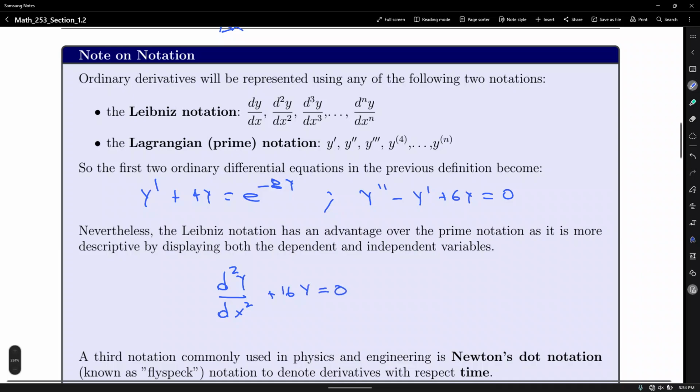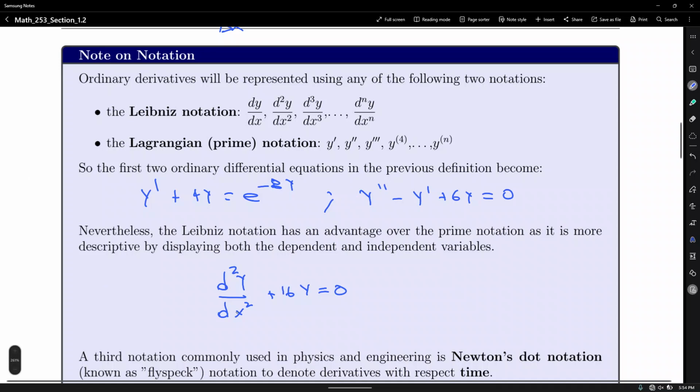Okay, so for instance, this notation in a way is better because it's more descriptive, it's more explicit about which variable is the dependent variable and which variable is the independent variable.